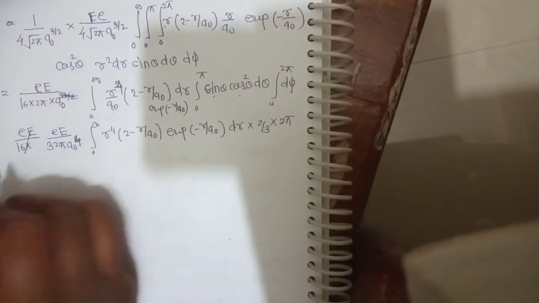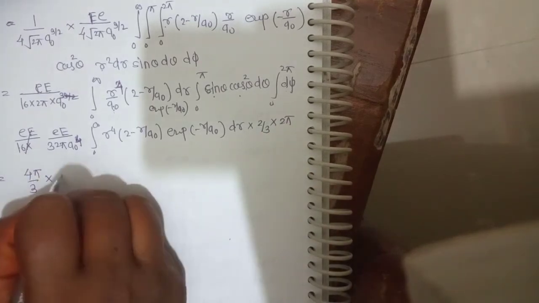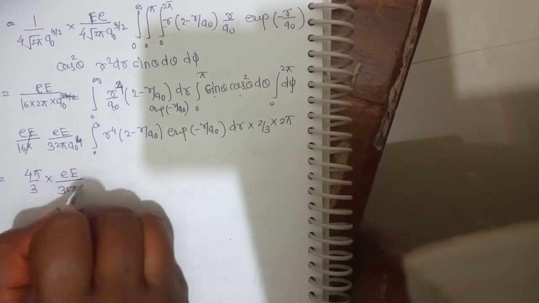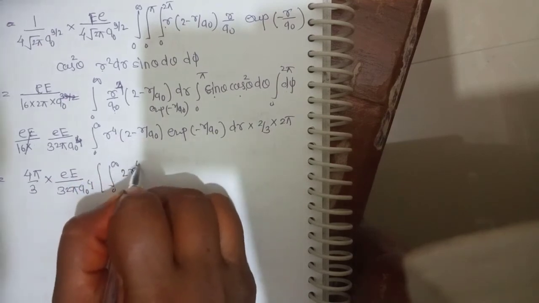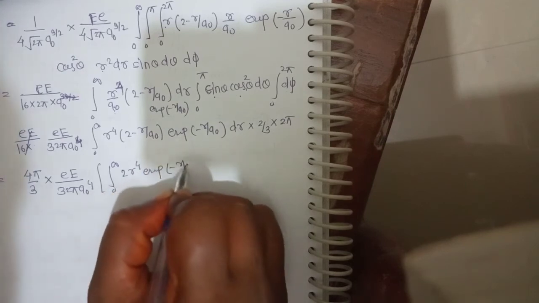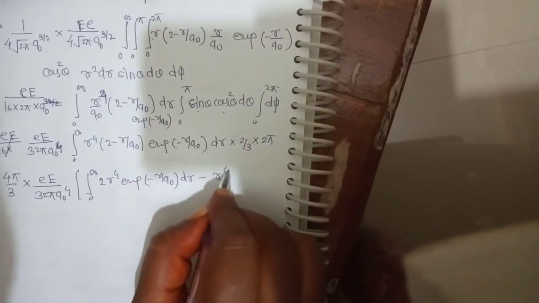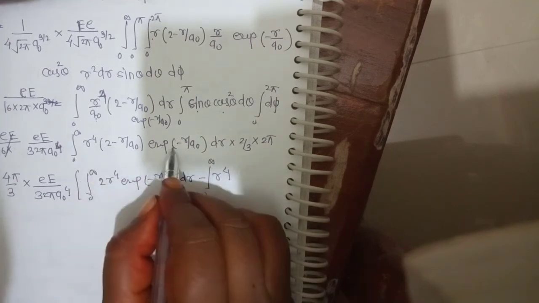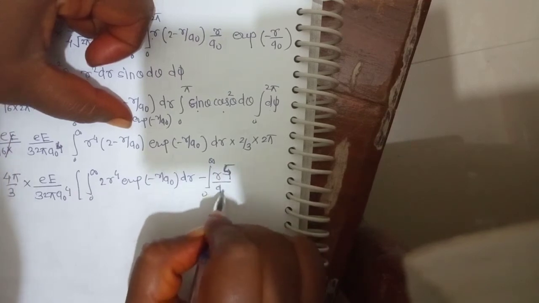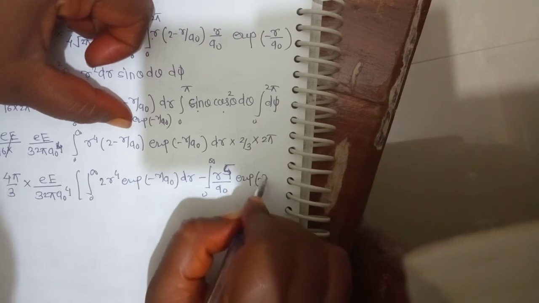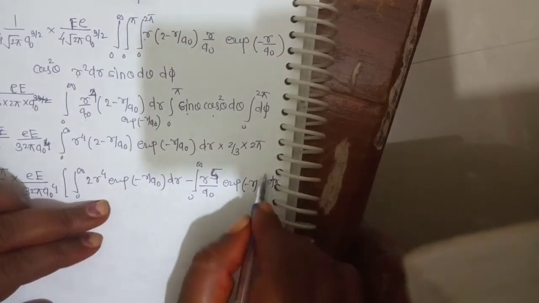After that, again 4 pi by 3, 4 pi by 3 into e 32 pi a naught to the power 4, integral 0 to infinity 2 r to the power 4 exponential minus r by a naught dr minus, again r to the power 4, 0 to infinity r to the power 5 divided by a naught exponential r by a naught dr. Okay, solve both the integrals with the help of that formula.